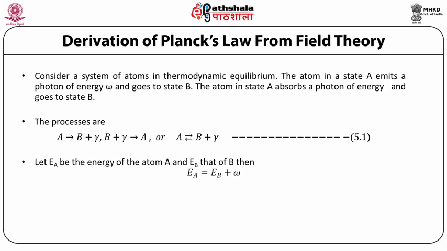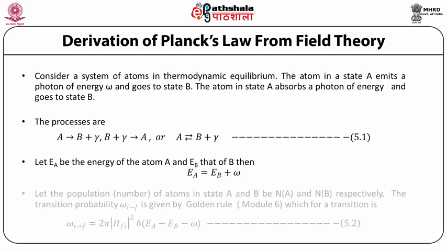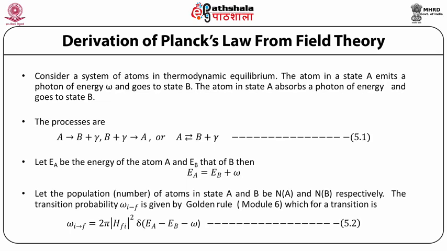Let E_A be the energy of the atom in state A, E_B be that of the atom in state B. Then E_A is equal to E_B plus omega. Let the population number of atoms in state A be N(A), and in state B, N(B).